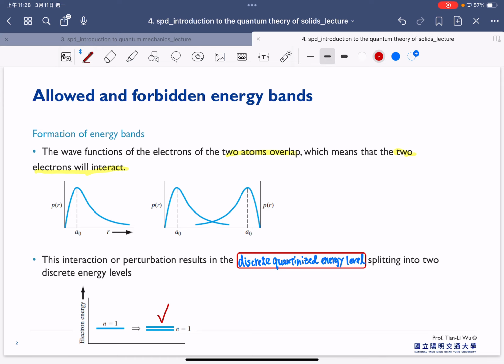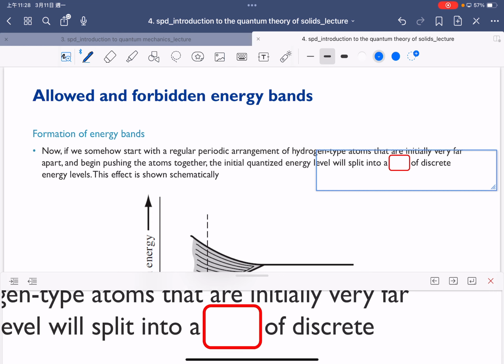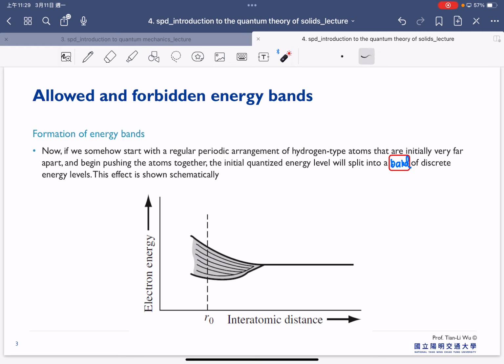And this is because, if you look at the next slide, now if we start with a regular periodic arrangement of hydrogen-type atoms that are initially very far away, but now we begin to push the atoms together, the initial quantized energy level will split into a band of discrete energy levels, and the effect is shown schematically below.